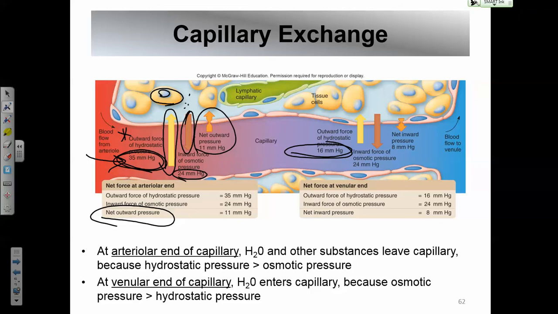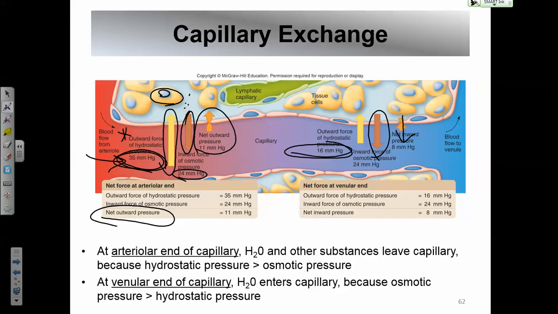But because it's lost water, it's lost hydrostatic pressure, and now the osmotic pressure overrides the hydrostatic pressure. And so substances are actually going to flow in from the tissues, bringing with it things from your cells, like CO2, like urea, things that the cells make. Does that make sense? Okay.